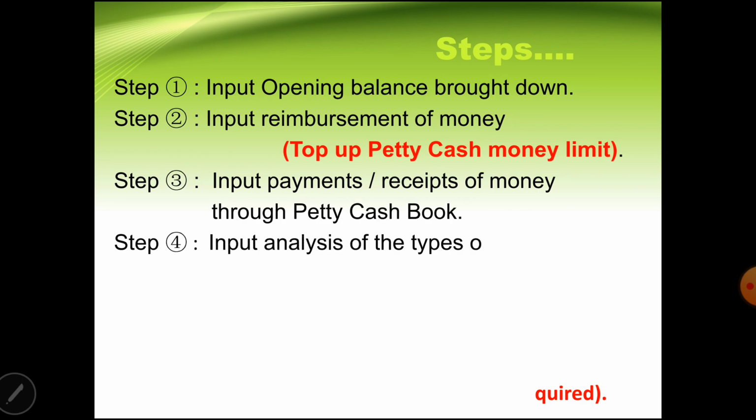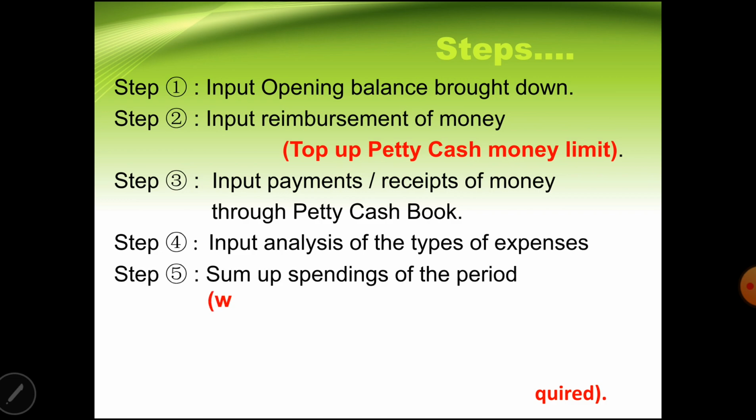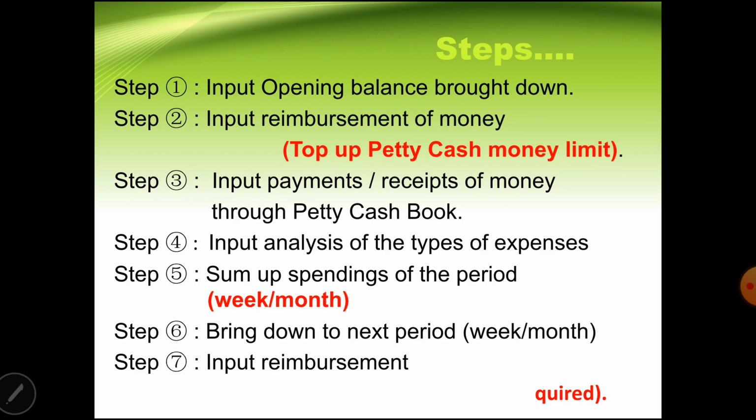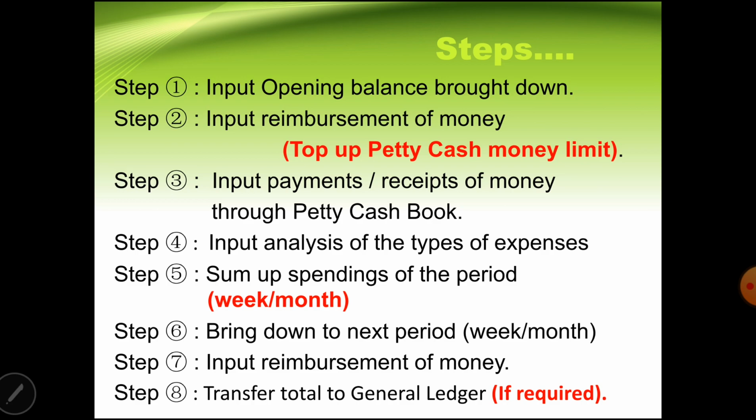cash 啦。然后第4项 input analysis of the types of expenses，你就开始做那个分类哦，它到底是还什么费用，还什么费用，这样子分类出来哦。第5呢，你就开始把它加起来，月尾结账的时候你要加起来哦，总结。然后第6项你就算出那个 balance CD，就是剩下多少钱啦。你就看它剩下多少钱，它花了，比如说100块，它就花了60块，所以它是剩下40块，就是你的 balance CD 了，要带下去下一个月，然后又再继续做这个 reimbursement。第7项就是要 top up 那个钱哦，总之你每个月的钱要刚刚好是。比如说它的 limit 是100块，就一定要有100块在里面啦。So you have to do the top up, the reimbursement of the money through the bank account.